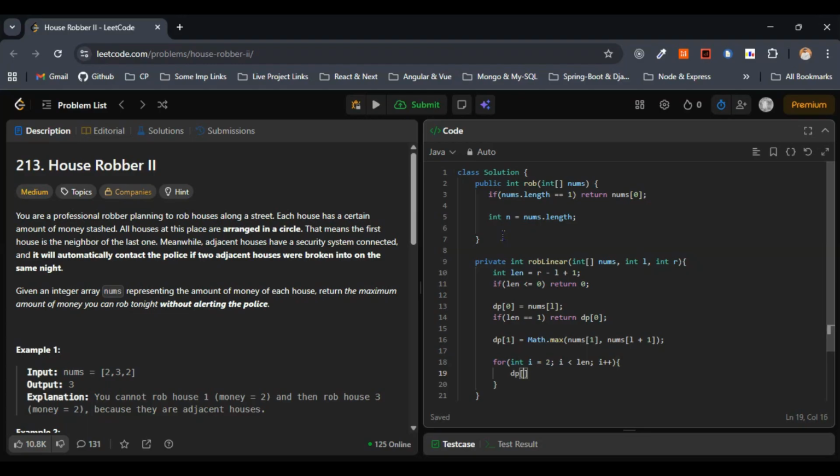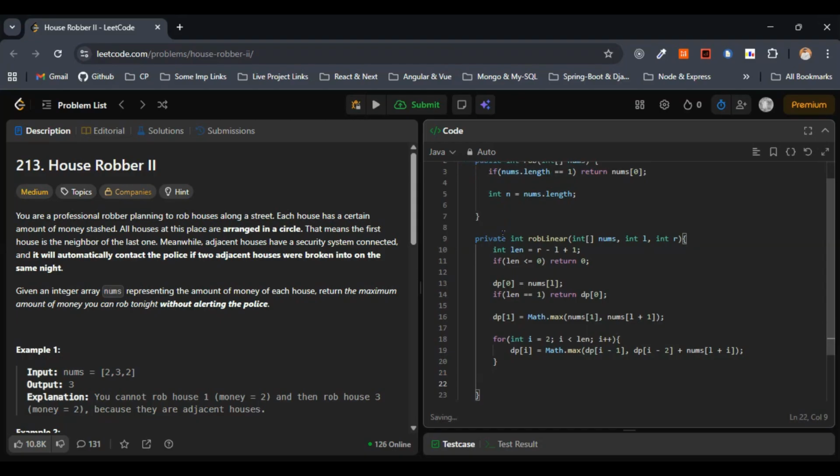So dp of i equals Math.max of dp of i minus 1, dp of i minus 2 plus nums of left plus i, not 1, sorry. Yeah, now this is fine.